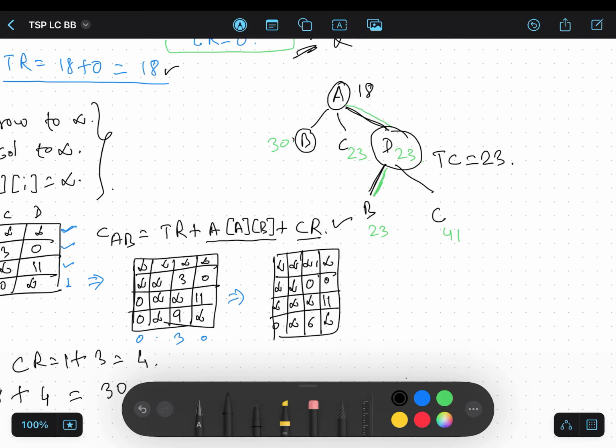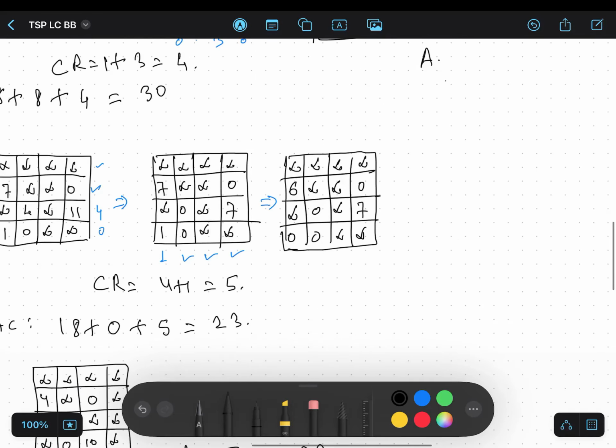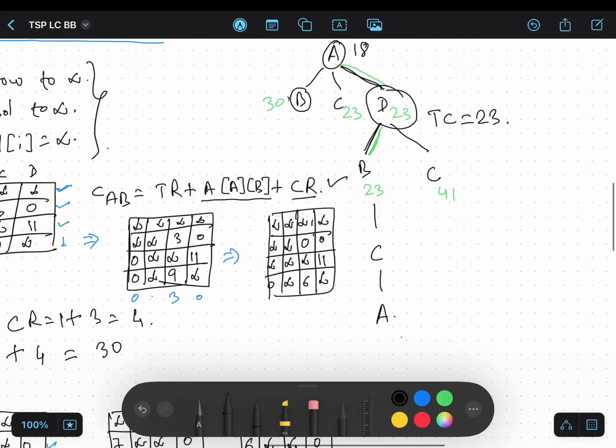Now from B we can only go to C, and from C we can only go to A. So let's calculate B and C. Now things again change, because now our current node is B, so the matrix which we used for DB is going to be our current matrix, and our total cost is going to be this, which is the same as previous, but it might change.